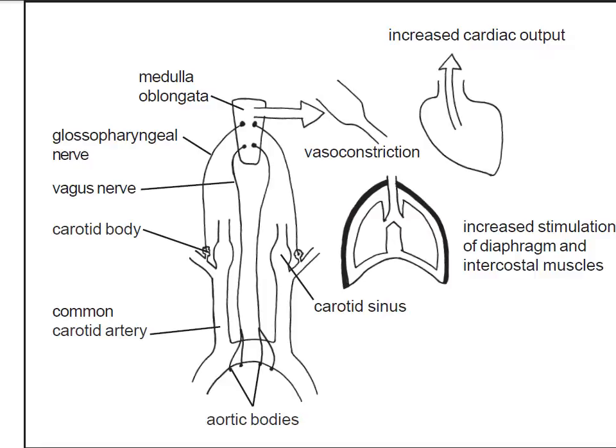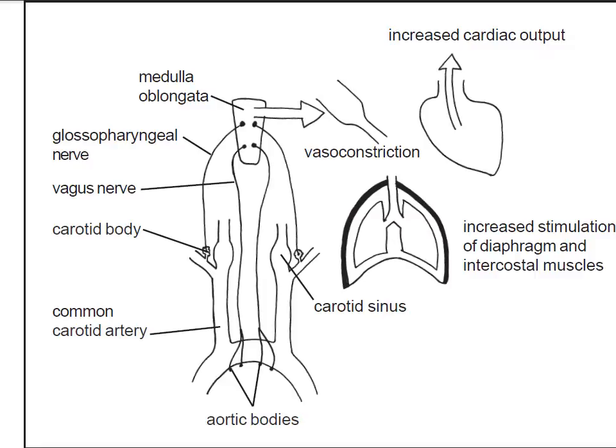And in addition, as we saw in the previous slide, there are two carotid bodies, one located at the bifurcation of each of the common carotid arteries. So the carotid bodies are also chemoreceptors. And these aortic and carotid bodies are called peripheral chemoreceptors, as opposed to those in the medulla oblongata of the brain stem, which are classified as central chemoreceptors.